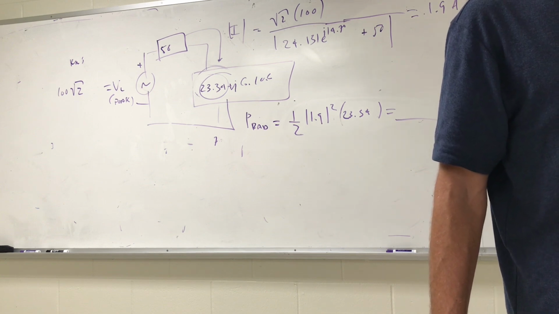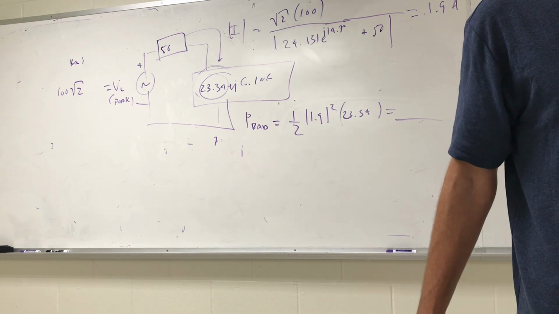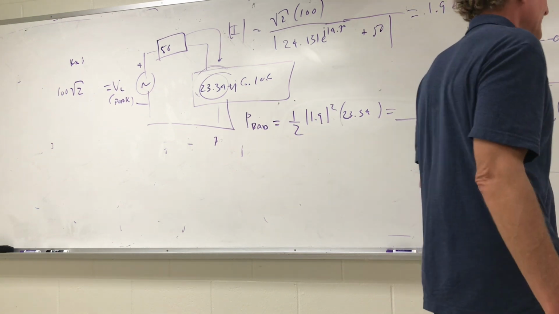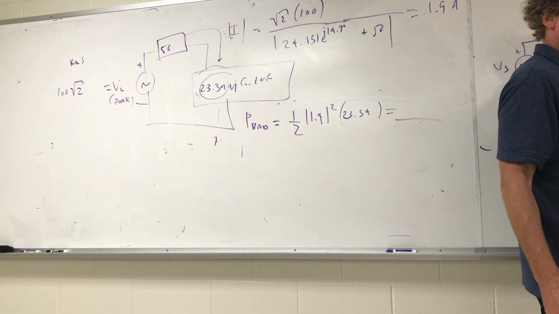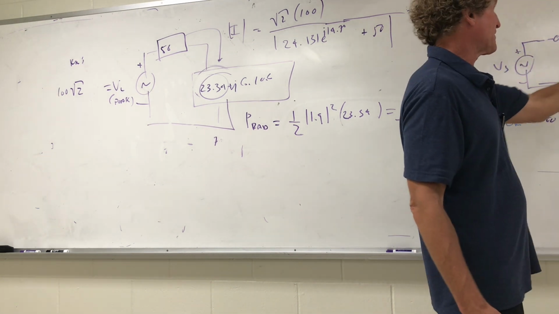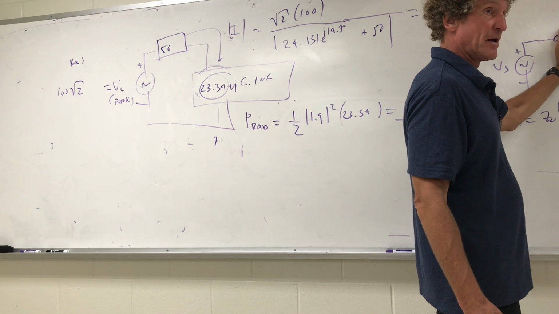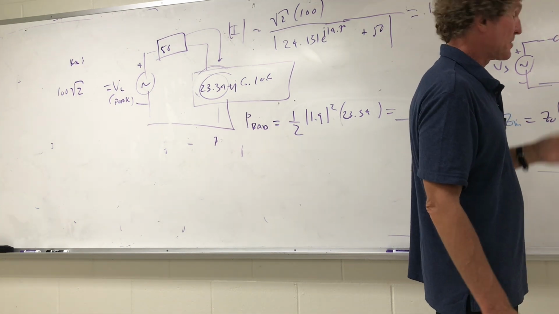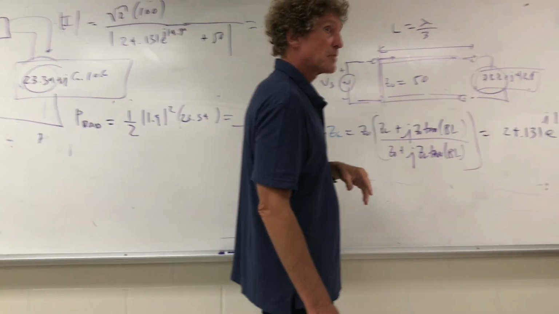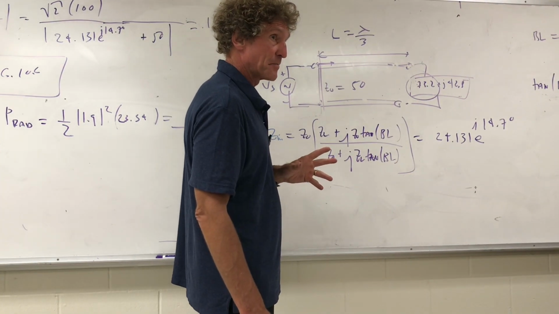Now that's different. And it's trickier too, because if we match, what happens? If it's matched, then that means this looks like 50 ohms, right? If it's 50 ohms, it looks like 50 ohms here. And if it's 50 ohms, 50 plus 50 is 100 divided into 100 square root of 2 is just square root of 2 amps.